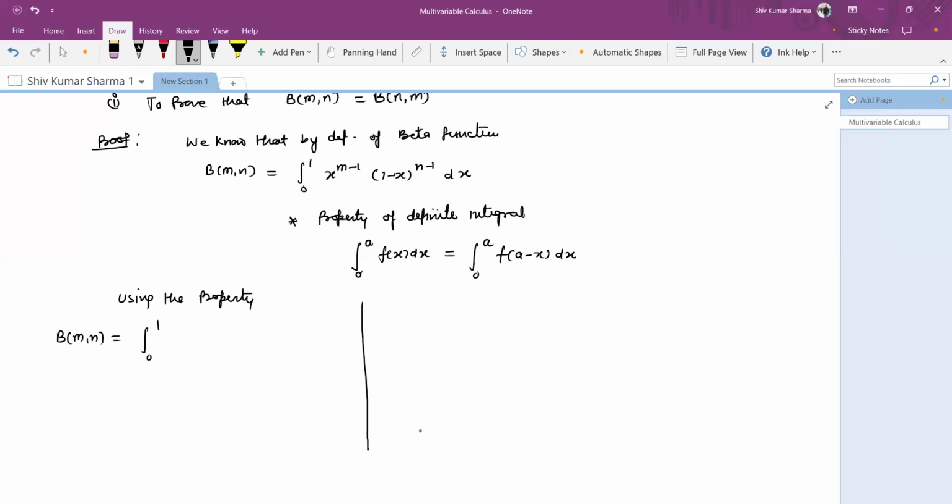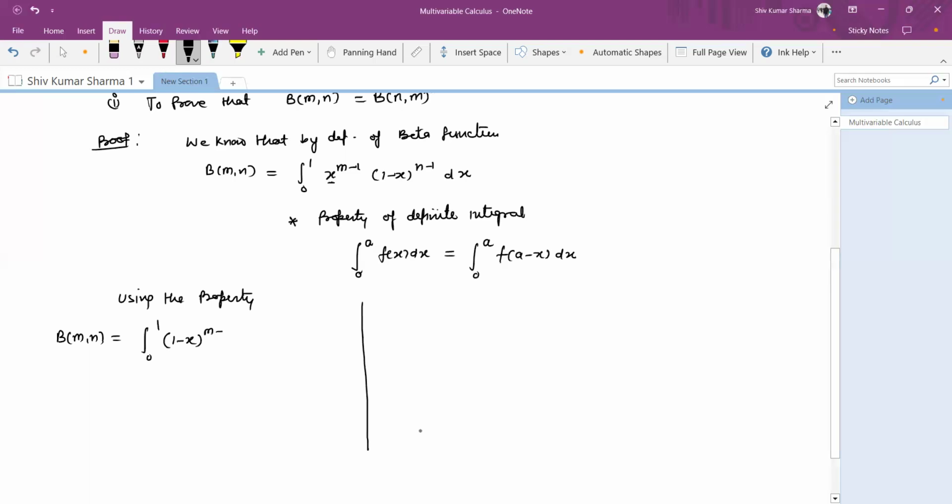So here a equal to 1. We compare this integral with this integral, so this gives a equal to 1. So this x can be converted into the form a minus x, meaning 1 minus x.